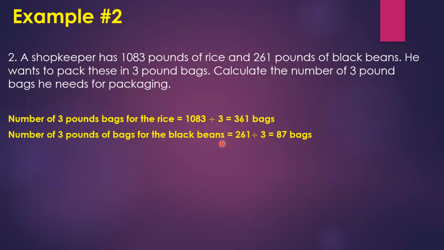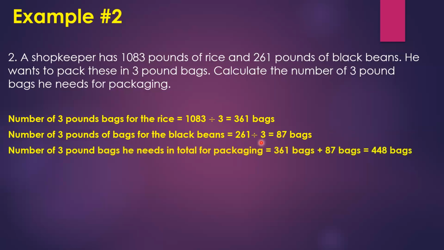Then you want to divide 261 by 3, which gives us 87 bags of black beans. Then you add 361 and 87, which gives us 448 bags. Very good. 448. Good.